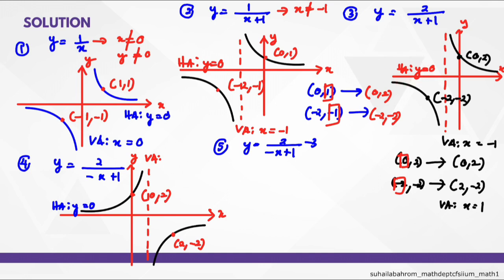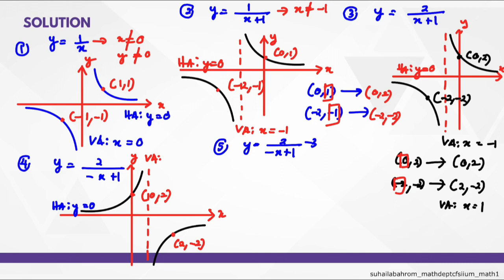For the previous graphs, there is no change on the y coordinate in the second, third and fourth graphs. Therefore, the horizontal asymptote remains y equals 0. But not in the final function here. There is a vertical movement, shift downward 3 units.